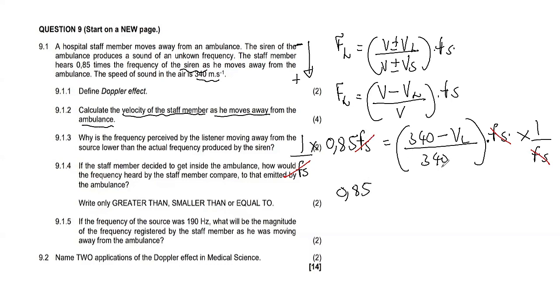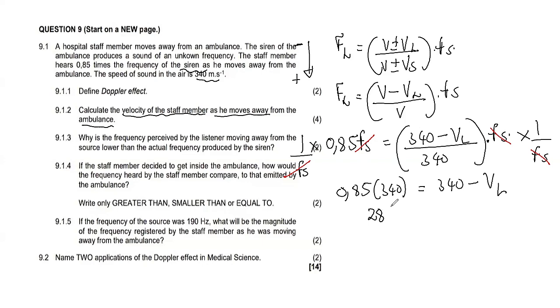And then if we cross multiply with this 340, that's 0.85 multiplied by 340 is equal to 340 minus vL, right? So you need to be very quick with your maths because note this, they're not marking much of your maths there. They're just marking your substitution. I will walk you through how they will be rewarding you marks for this one so that you don't waste time with a bunch of maths there.